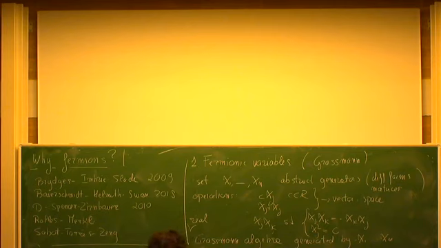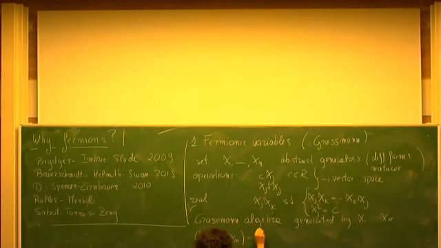We call it G_R(chi_1, ..., chi_n), and that's the set of all polynomials in chi_1, ..., chi_n with real coefficients.